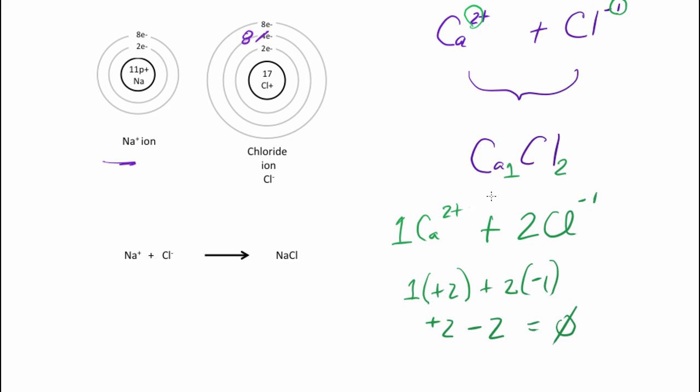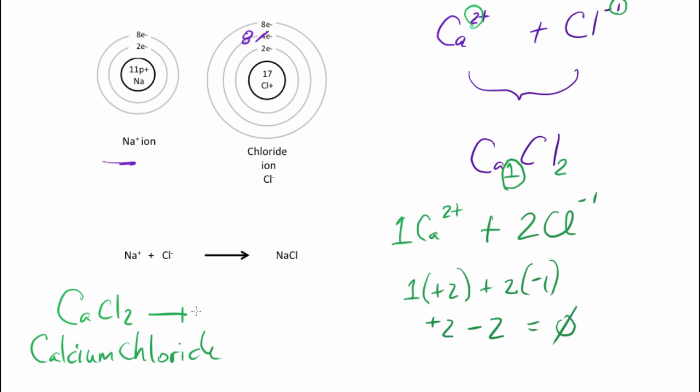So again, we don't generally write the number 1. So this compound, CaCl2, is an ionic compound called calcium chloride. It's not an especially soluble one, but if I put it in water and work at it a little bit, I can get calcium to come apart.